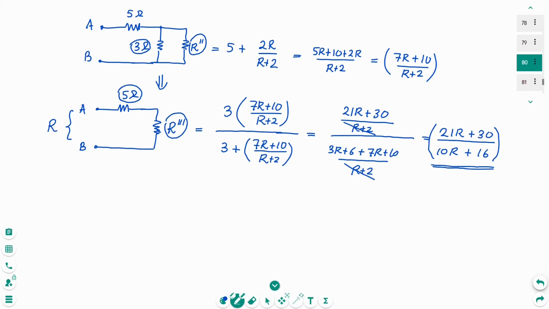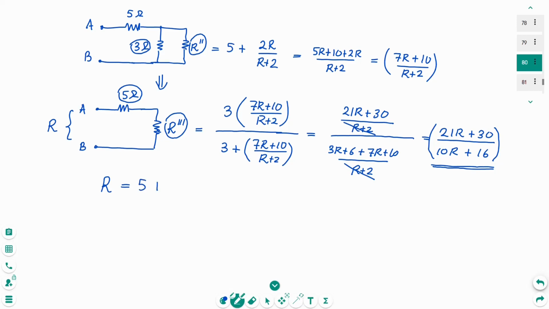So then we can build up an equation. On the left hand side we have R, that is the equivalent resistance between endpoints A and B, and on the right hand side we have the sum of the two resistors, 5 ohm and R triple prime resistor.